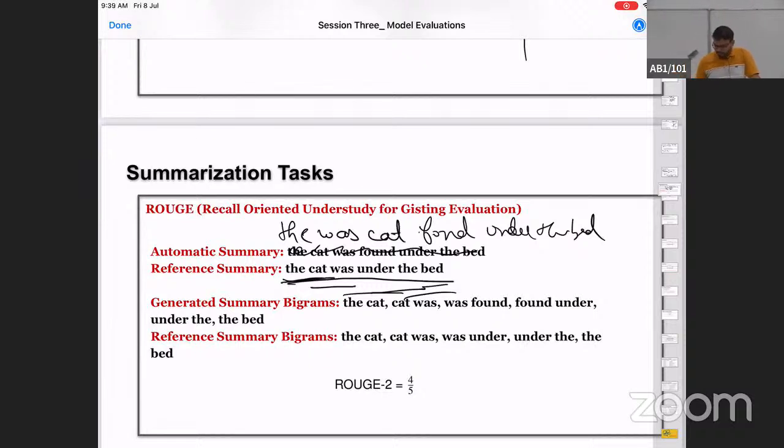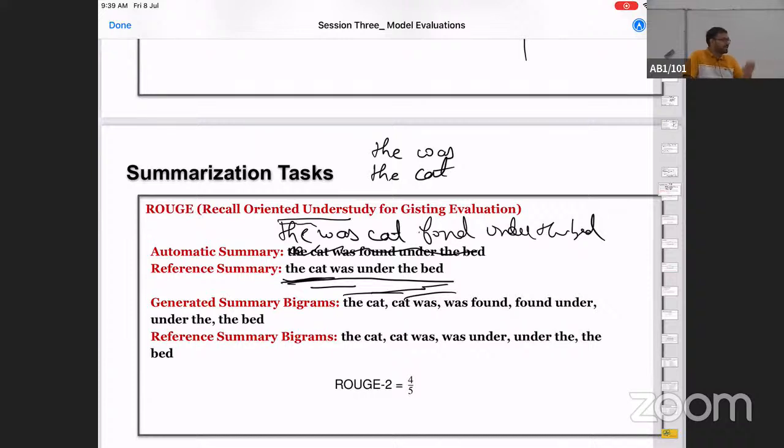In my automatic summary, I have skipgrams. If we're talking about skipgrams, then we have this skipgram, the was. We also have a skipgram, the cat. In the case of skipgrams, the idea is very simple. We can skip some words, but the ordering should be the same. If we can find the overlap of those bigrams also, then we'll consider that a good case.